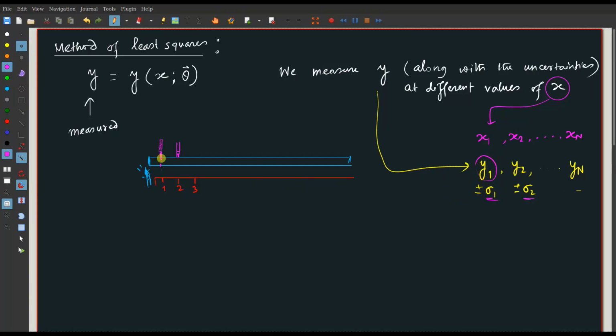Okay, so that is the crucial assumption. Since you are measuring by taking a large number of averages, you expect that the central limit theorem will hold at that point. And so at this particular point, the random value that you are measuring for this y can be thought to be distributed as a Gaussian distribution, with mean y1 and standard deviation sigma 1. All right. Okay.